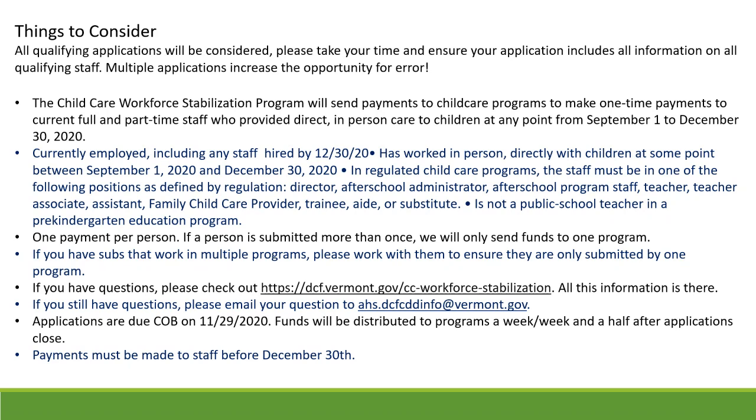We definitely want to make sure that they're included somewhere, but it would be more helpful to us in processing if they're not included in multiple programs. If they are included in multiple programs, we will take out duplicates, but again, that's just going to add to processing. So it would be very helpful for us if you would have that conversation with subs.